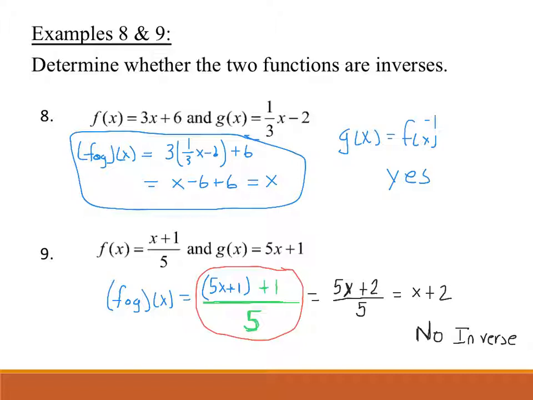We added the ones together. We get 5x plus 2 over 5. We can divide by 5. And we get x plus 5 over 2, which is not equal to x. So this is not an inverse function, right? No inverse here between f of x and g of x.